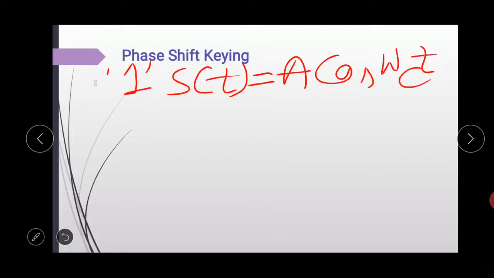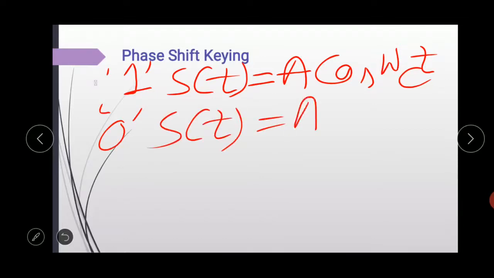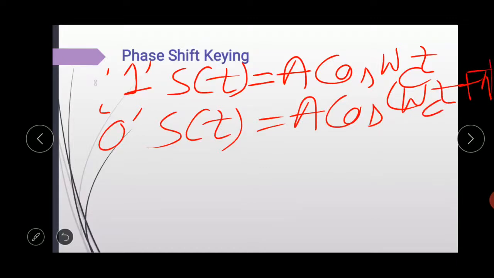When 0 is transmitted, the modulated signal is A cos omega ct plus pi, which can be written as minus A cos omega ct.